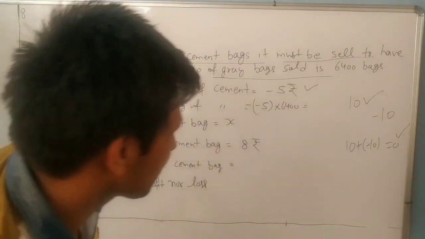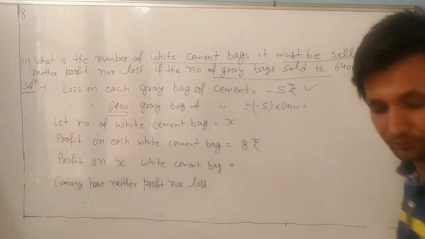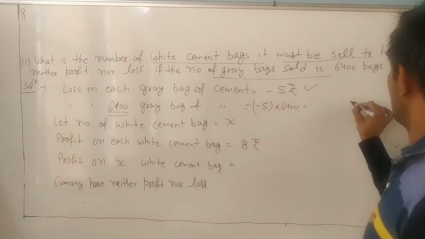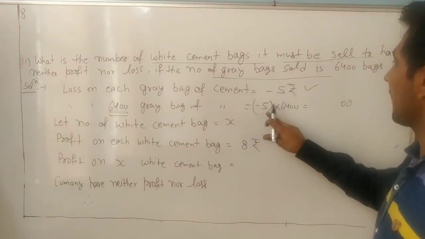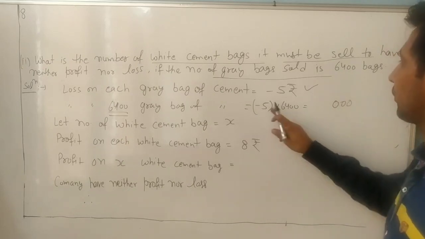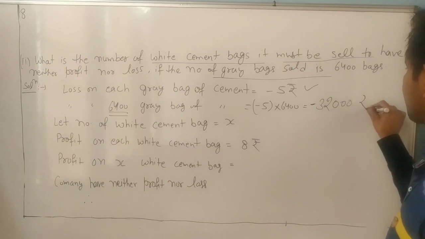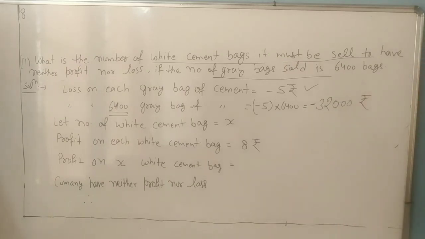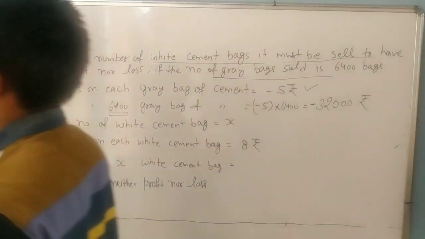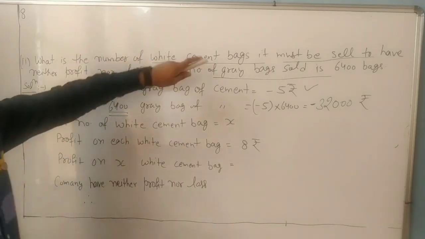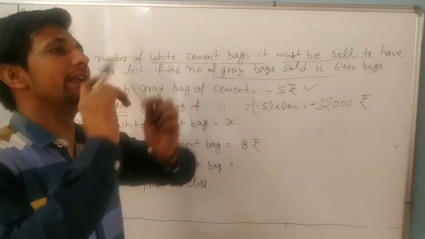So what is the answer? 5 into 4 is 20, 5 into 6 is 30. So the total loss is 32,000.